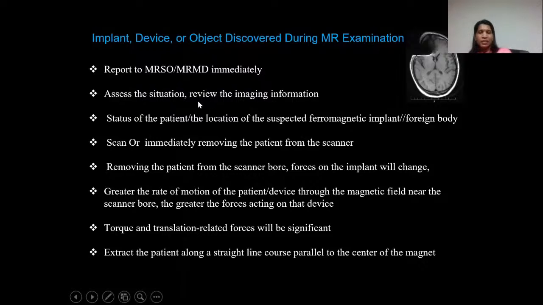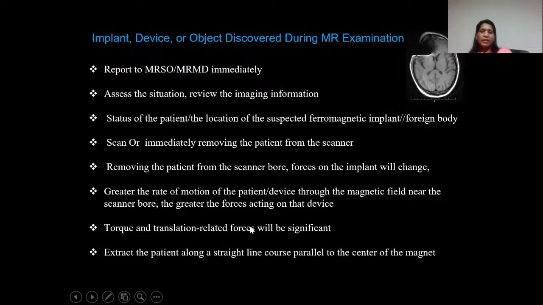You have to assess the situation and where this artifact is located, whether it is near a critical organ or something. Then you have to take a decision whether we can proceed with the MRI or take the patient out.